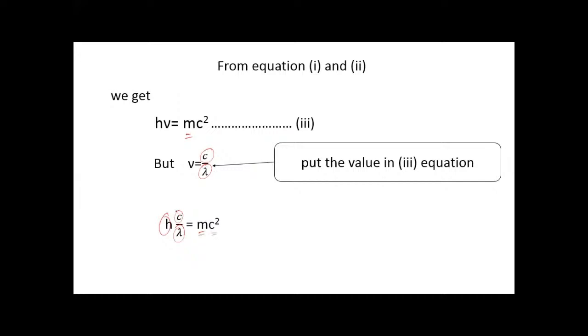We cancel c from both sides. If c, the velocity of light, is considered equal to the velocity of the particle, then the relationship becomes λ = h/mv, where the product of mass and velocity is considered as momentum.